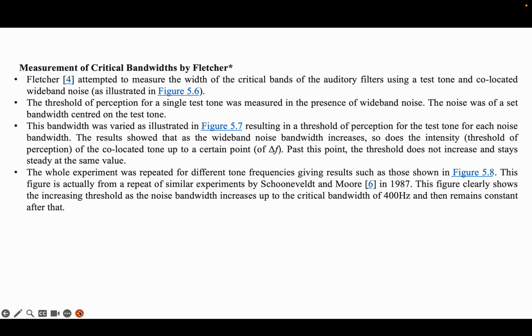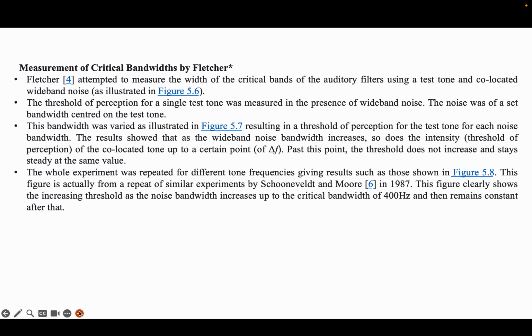So you then look at how that threshold of perception changes in the presence of wideband noise. The noise has a set bandwidth and it's centered over the test tone. The bandwidth is varied, and what that does is that changes the threshold of perception.